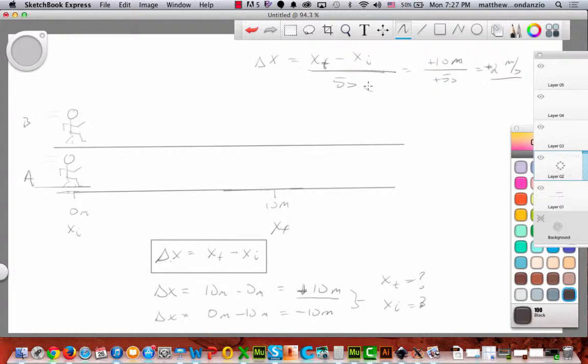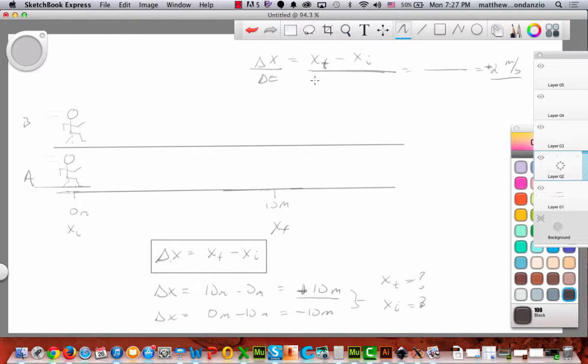But this time issue is not just a flat time. It's delta x over delta t, where it's really 5 seconds minus 0 seconds. I'm going to erase this for a second and rewrite this up here.